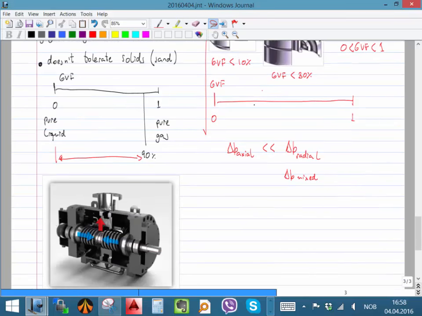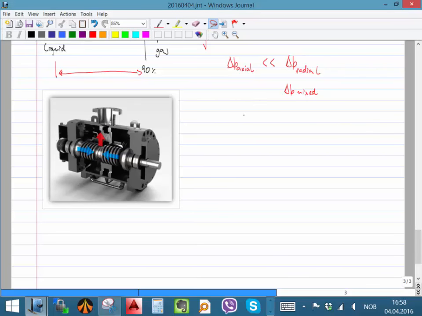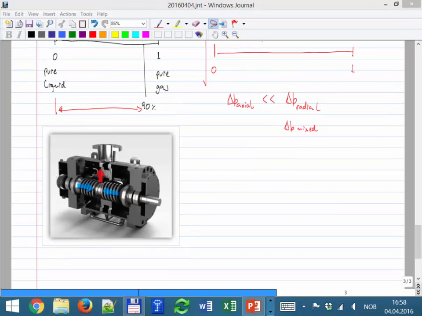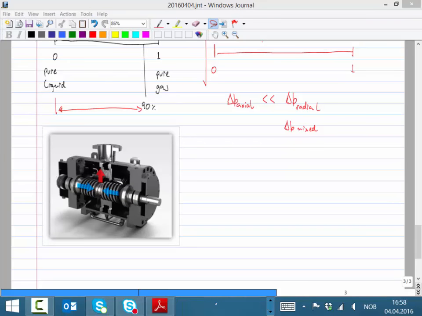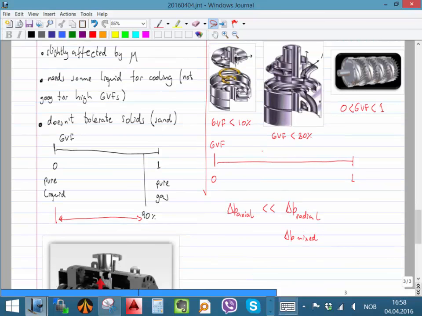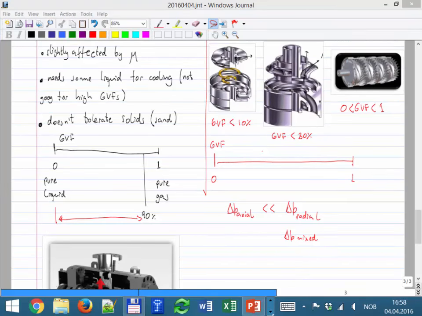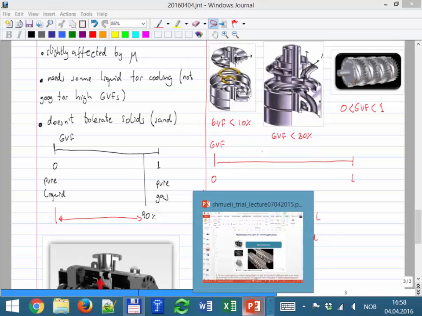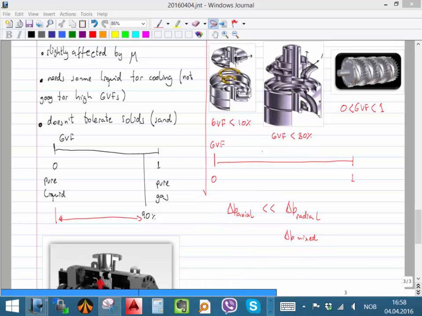And why is that? Well, basically, I have a figure here that we can use. It is because in these machines, or at least in the radial machine, it acts almost like a separator. Okay, it tends to separate the gas from the liquid inside the machine. I have that figure here.